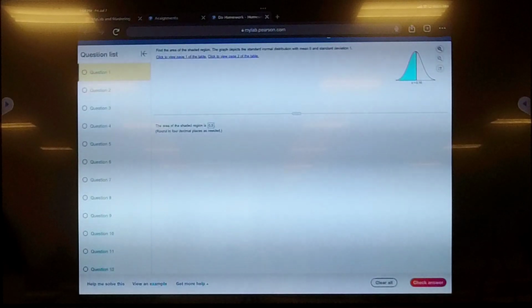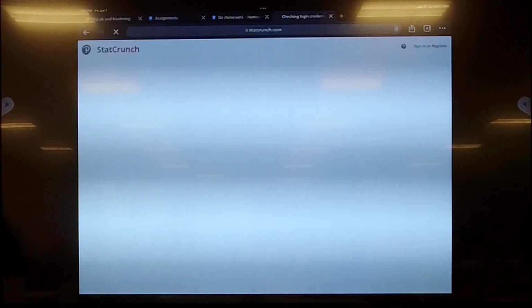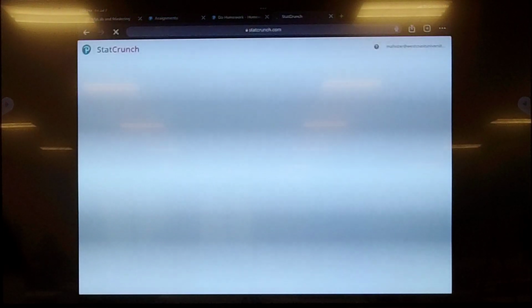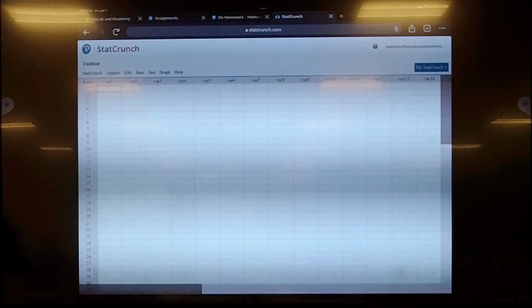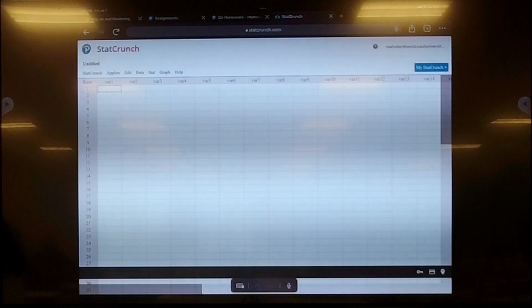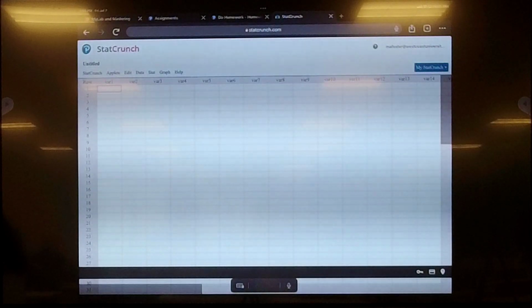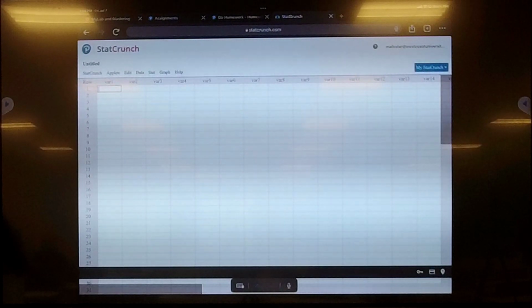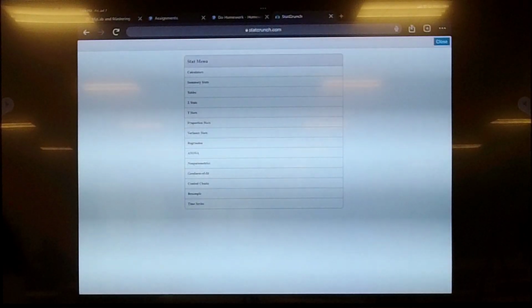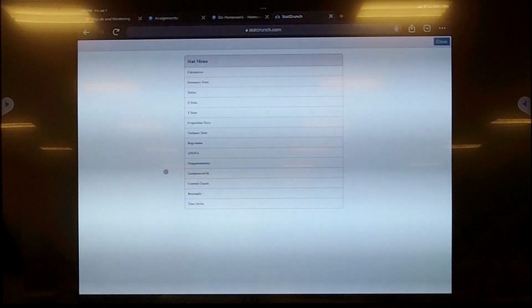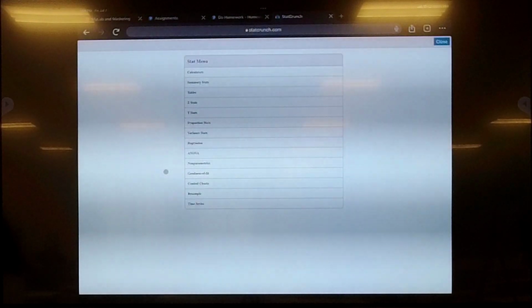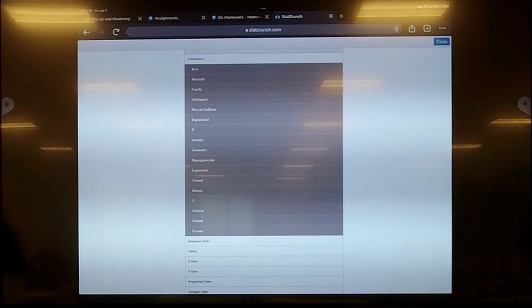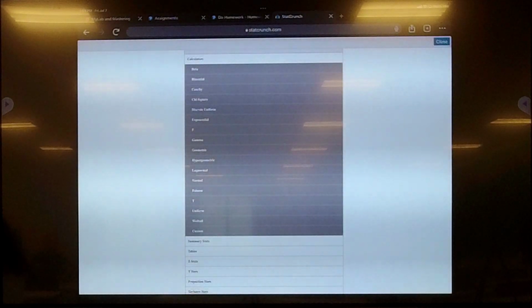Go down here to get more help. Mine will look a little different because I'm on iOS, but it's Stat. I clicked Stat, Calculators, and then Normal.